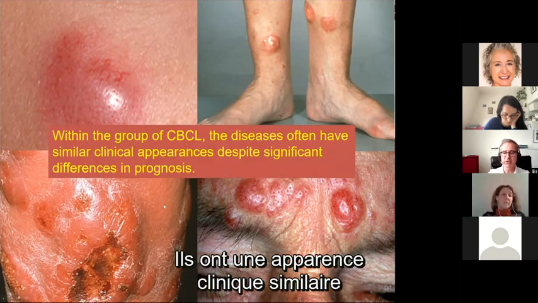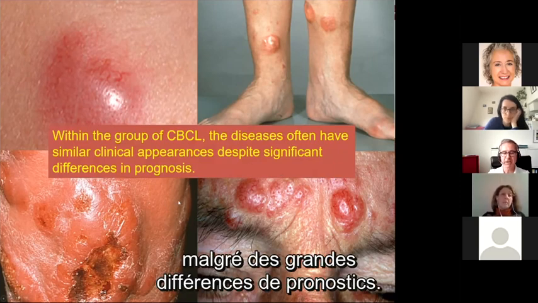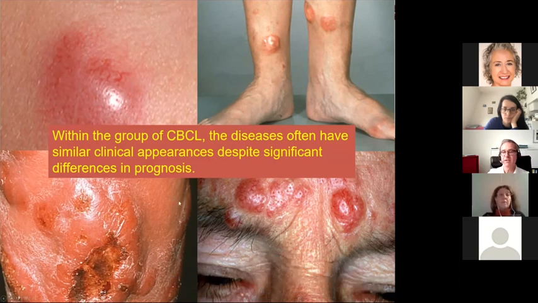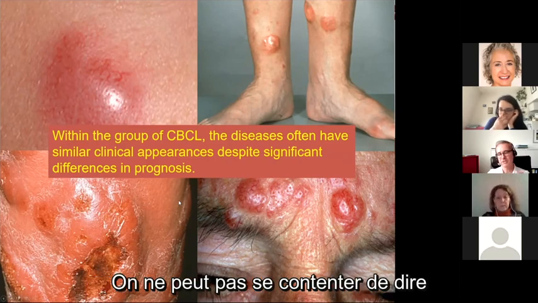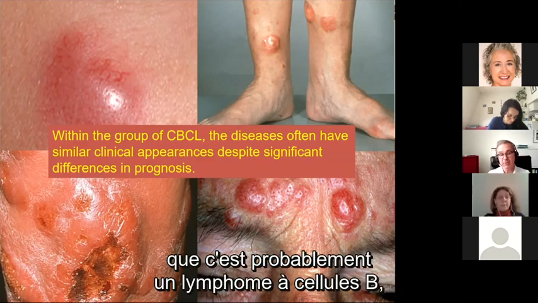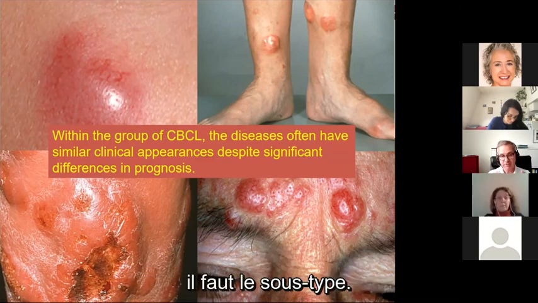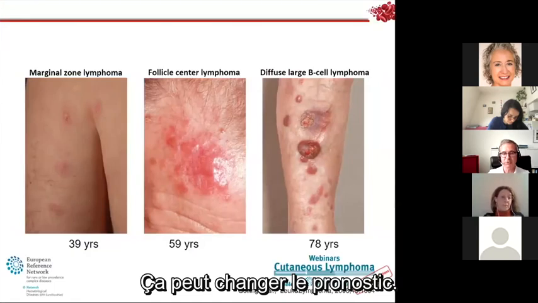So similar clinical appearance despite significant differences in prognosis. Just by looking at it, we cannot simply be content with the statement that we probably deal with B-cell lymphomas, but we have to find the different subtypes because they have differences in prognosis.